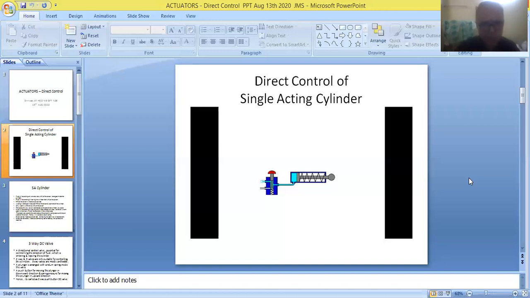So this is the diagram which indicates the direct control of a single acting cylinder. This is the figure which indicates the arrangement of a DC valve controlling the operation of a single acting cylinder.